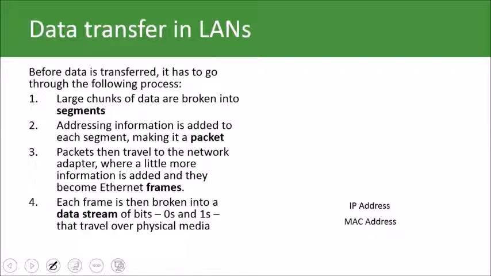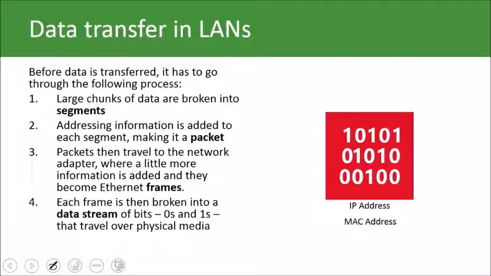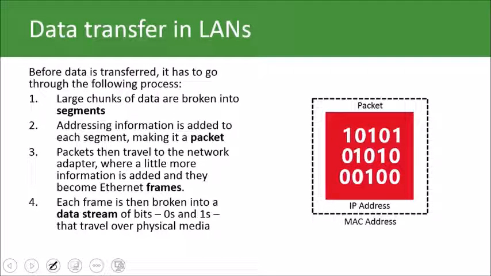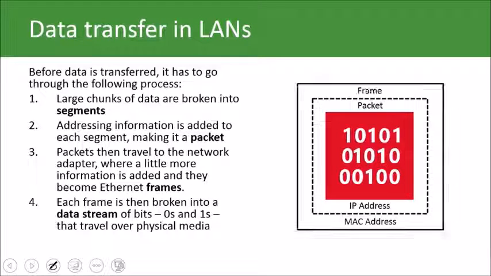Before data is transferred, it goes through a really interesting process. We break large chunks of data into things called segments. Addressing information is then wrapped around that segment, and we call it a packet. From there, we add a little bit more information to make it something called a frame.